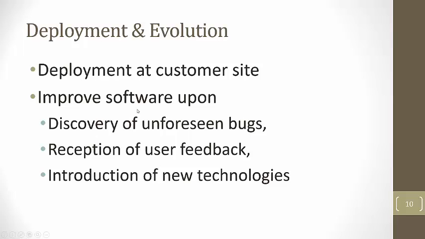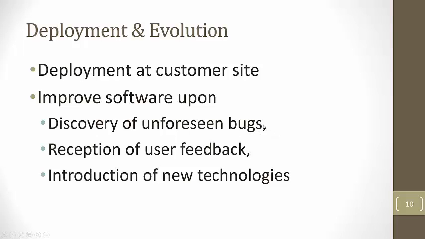There are also some improvements other than bug fixes. After reception of user feedback, we can go back to our software and improve it based on that feedback provided by the users. Also, depending on the new technologies that come up, there would be still some improvements to be added to the software.